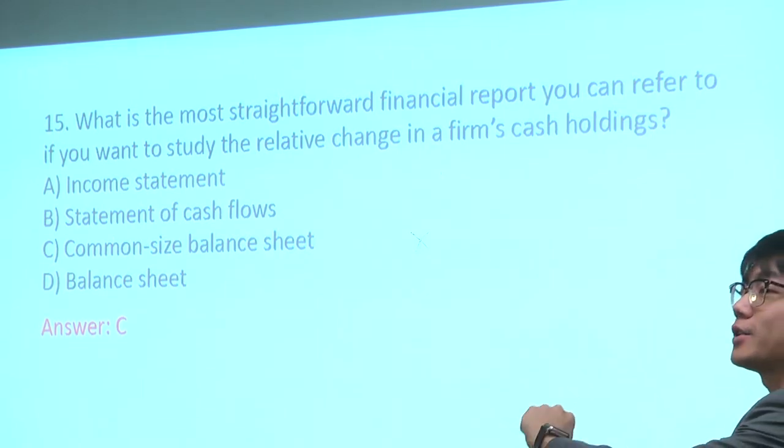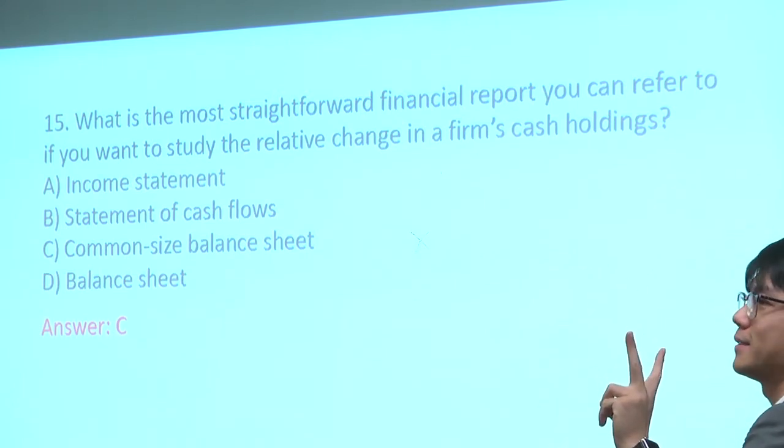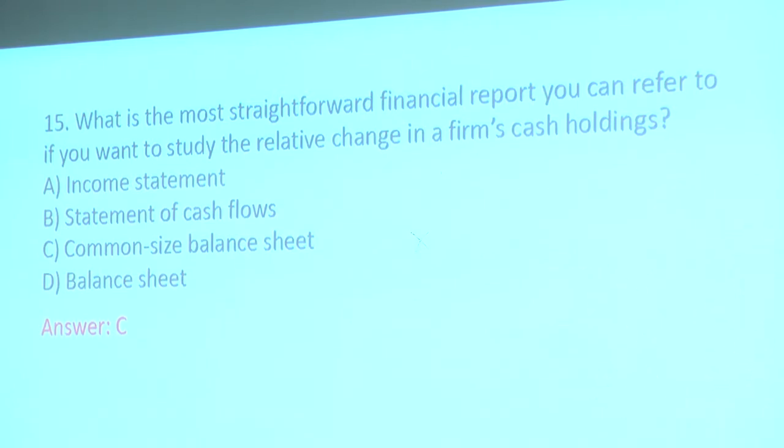Change in firm's cash holdings: there are two places you can find that, either at the end of the cash flow statement or the cash holdings on a firm's balance sheet. So far, cash flow statement is still a very good candidate for this question.